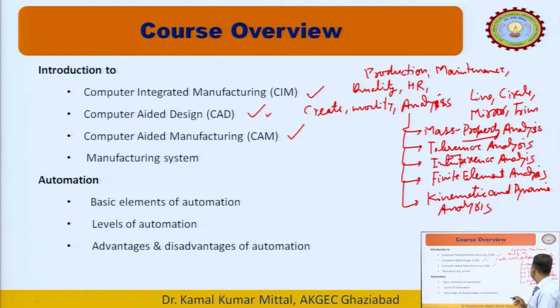In tolerance analysis, we are using different components that club together and make a product. So tolerance is there, and we can analyze how these tolerances affect the overall component. Interference analysis: parts interfere with each other, so we can see the interference analysis.